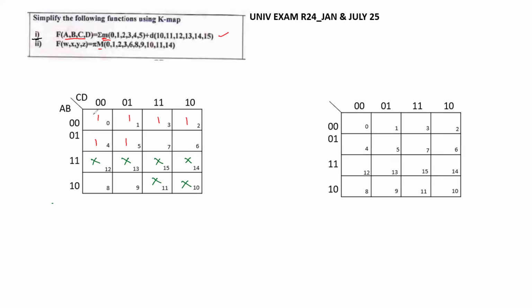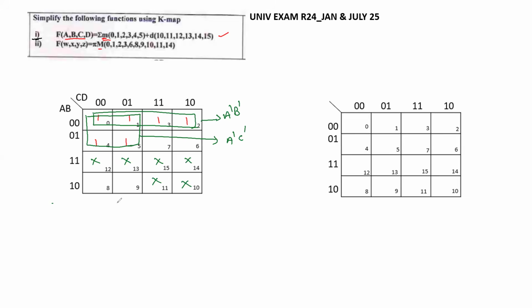Here, column wise, what is common? A dash, B dash. So one quad we have formed. Another two min terms are left, so we can make another quad. Row wise, A dash is common, column wise, C dash.